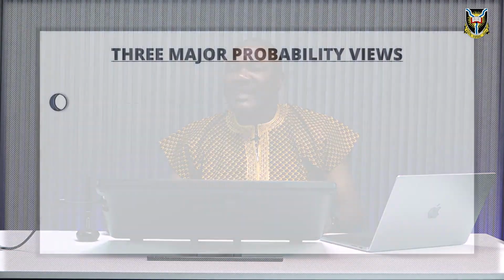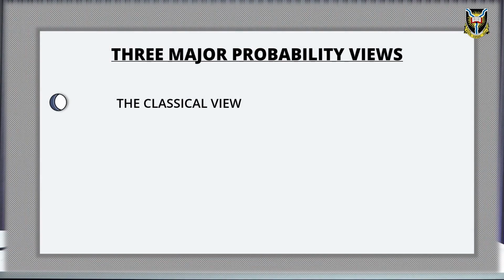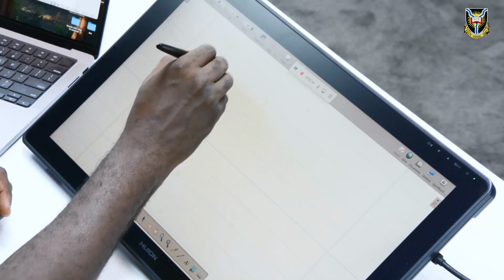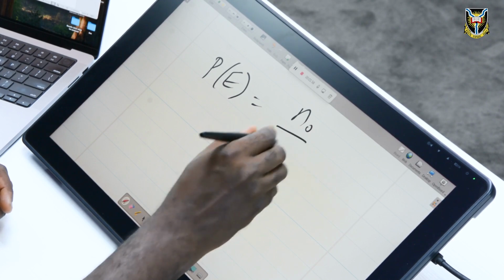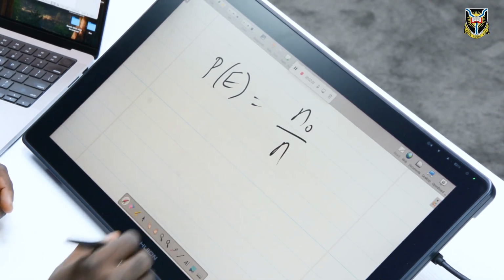Going forward on this, there are 3 major views that we have as far as probability law is concerned. The first one is the classical view. In the classical view, we have n equally likely outcomes, and n naught of these have attribute A. And for this, we say the probability of this event is given as n naught divided by n.